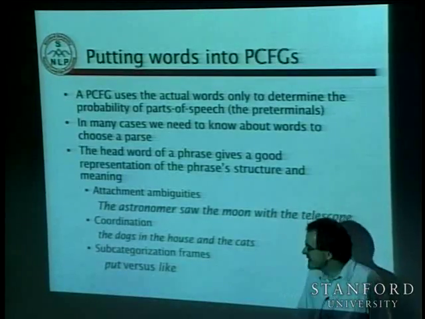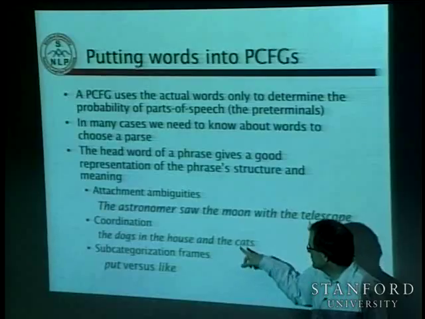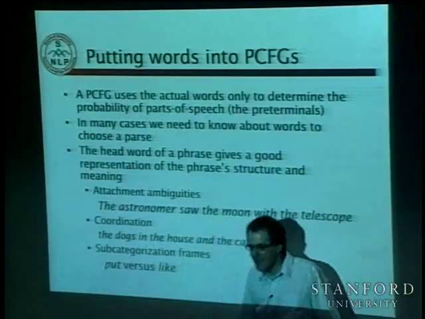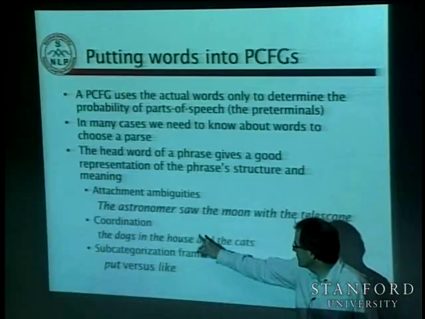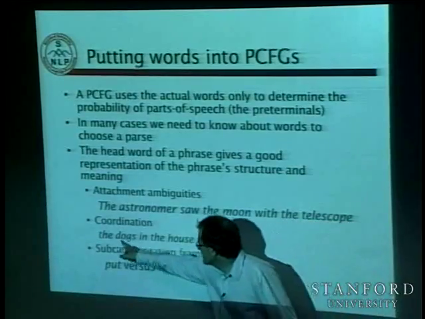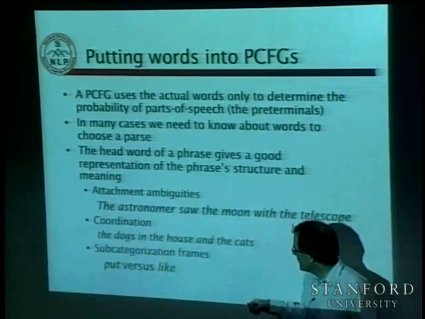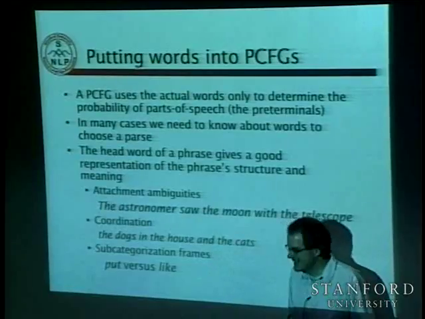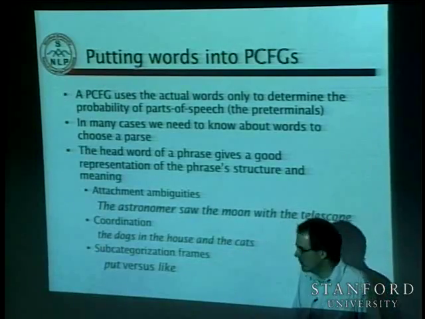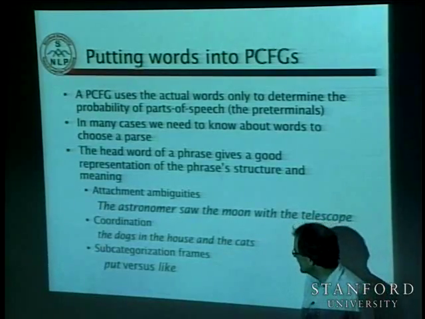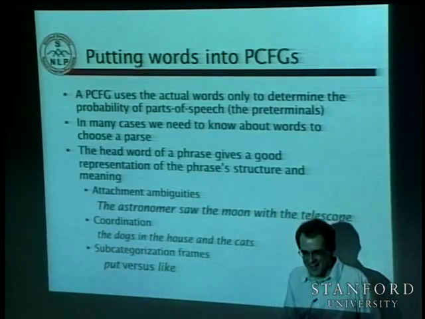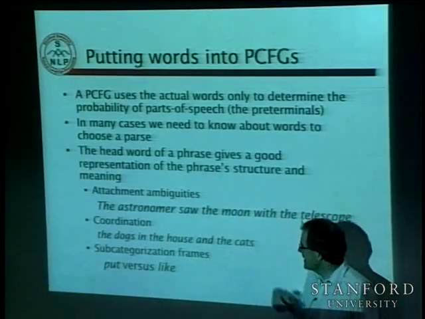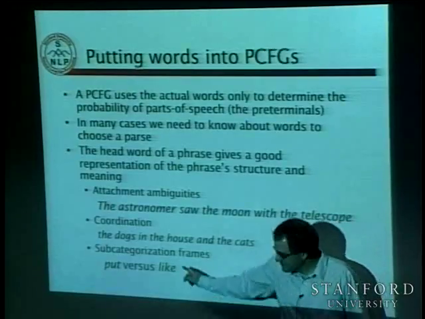And why is it likely? Again, it seems to have to do with words. Cats and dogs, there's a good pair. That makes sense to coordinate. So you want to be building the noun phrase, the dogs in the house. Whereas house and cats just isn't a likely thing to coordinate, and you're not likely to have dogs that are in cats. That's a bit bizarre. So it's lexical facts that determine what's good.